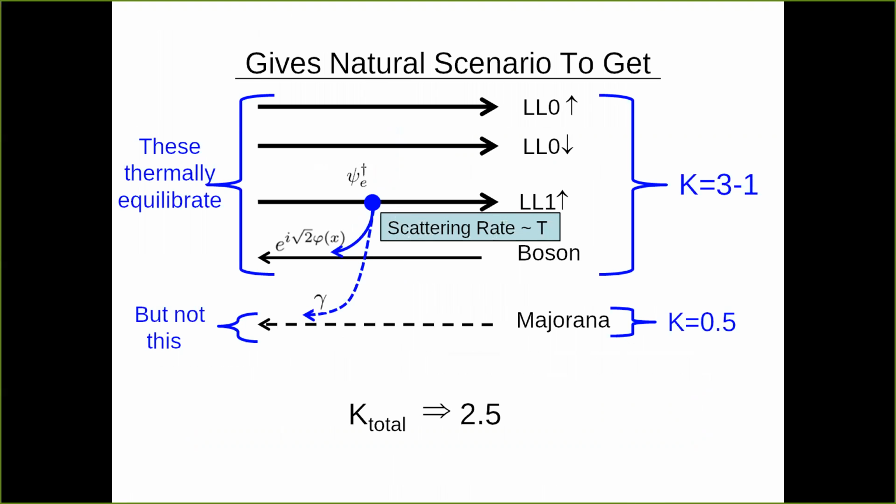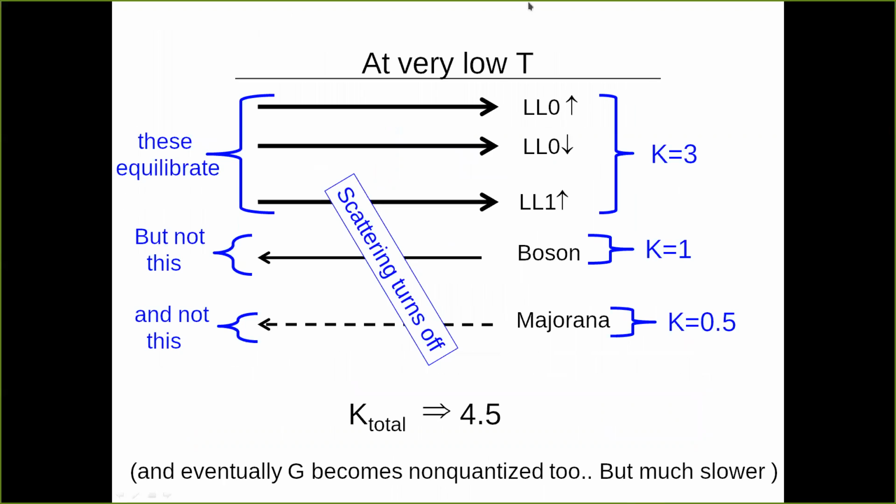At some low temperature, the scattering turns off entirely, and then you have a different situation. You have 3 plus 1 plus 0.5, and it goes back up to 4.5, which is much higher. And eventually the electrical conductance becomes non-quantized too.